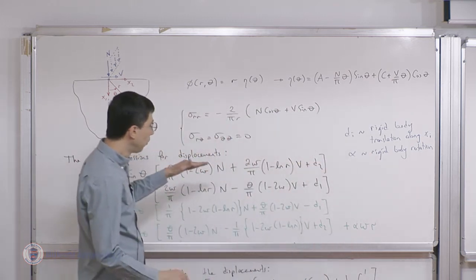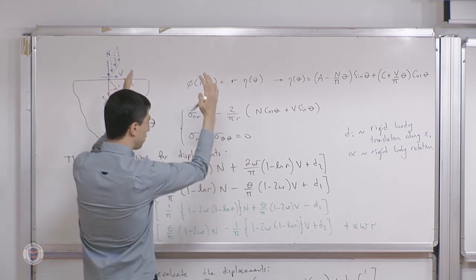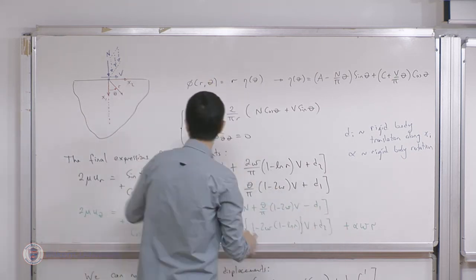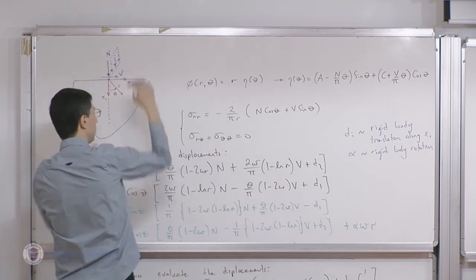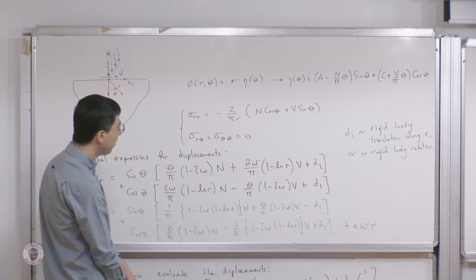Okay. So if d1 is positive, the body will shift right. d2 positive, it shifts up. If alpha is positive, it will rotate in the counterclockwise direction.